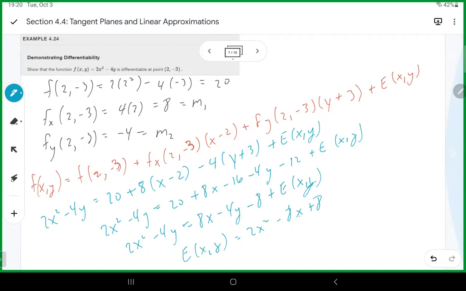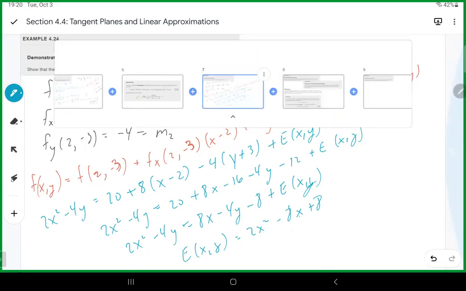Oh, and now we have to do the limit. It's okay, we're almost done. We can do it.